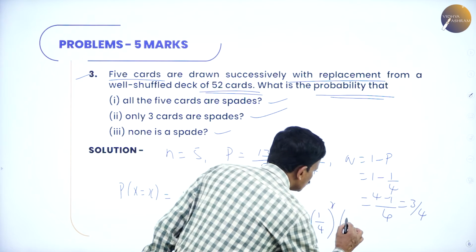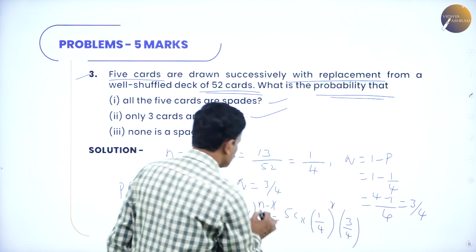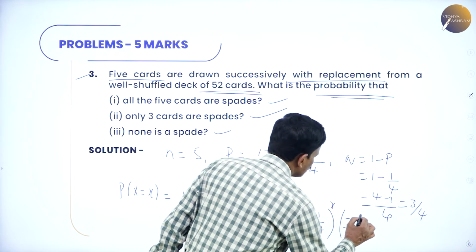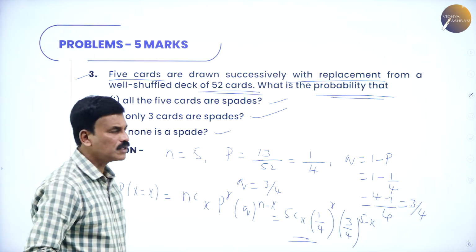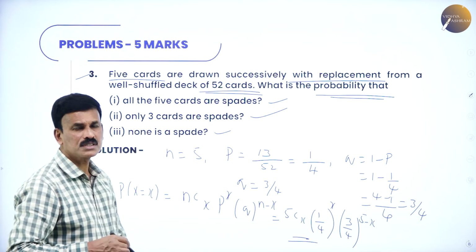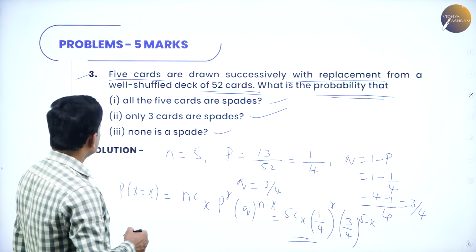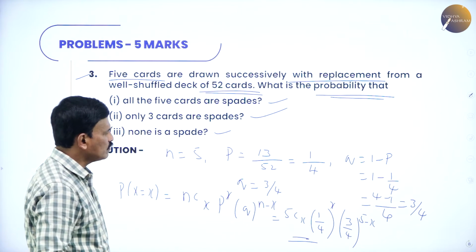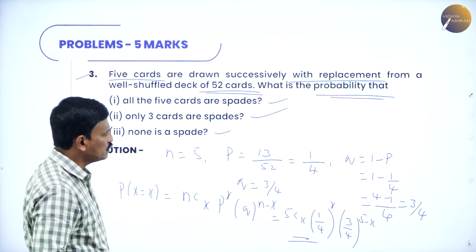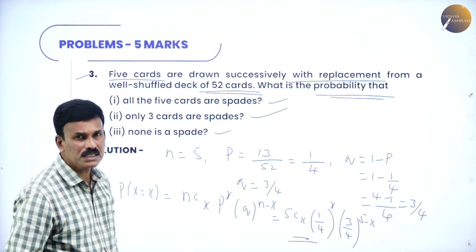Q is equal to 3 by 4 to the power of n, n is 5 minus x. This is the general formula using Bernoulli's trial. So probability of X equal to x is given by 5Cx 1 by 4 to the power of x into 3 by 4 to the power of 5 minus x.